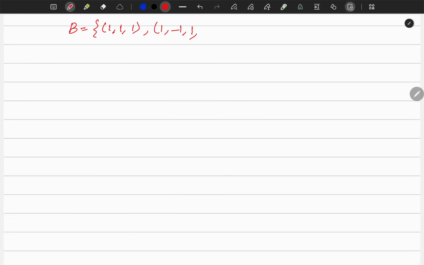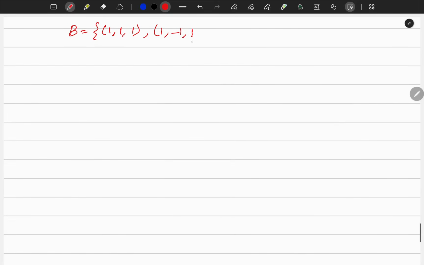(1, -1, 1), and similarly (0, 1, 1), check whether this is a basis or not. You can check that these are from R3, so you have to check whether it is a basis of R3 over R or not. You know the basis has two conditions. First, that it is linearly independent.